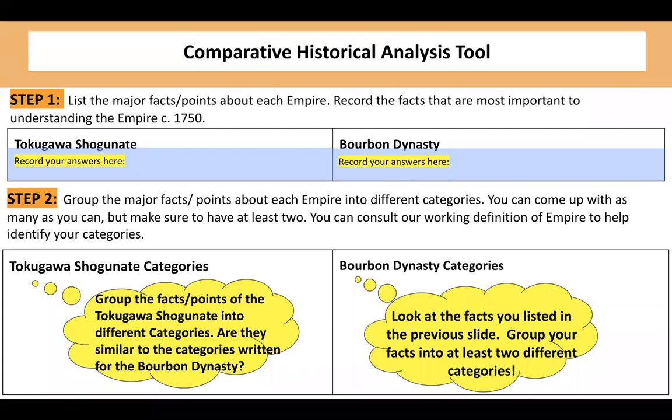So they would group the facts about the empires into different categories. And this is also going to be a great way to get them to start thinking about comparing, because as they make categories in one, they might start seeing categories in their other case study as well.